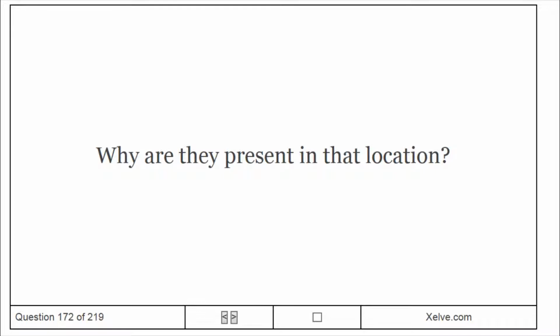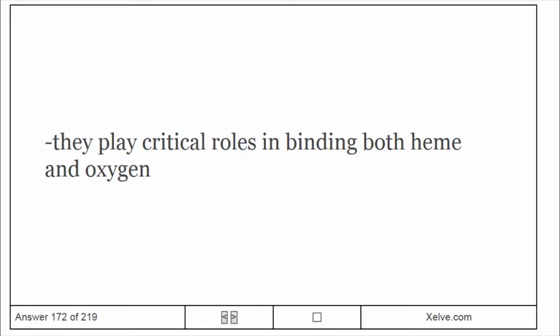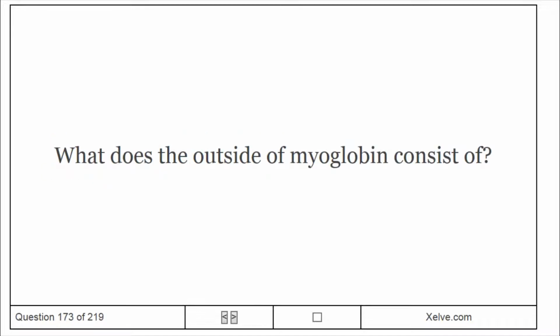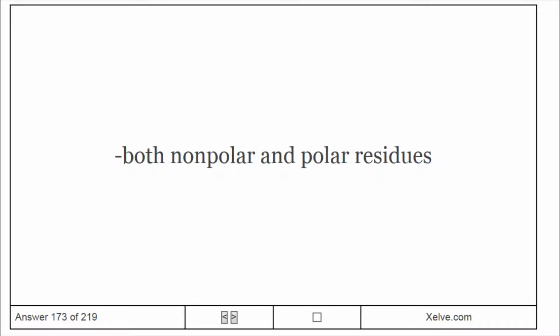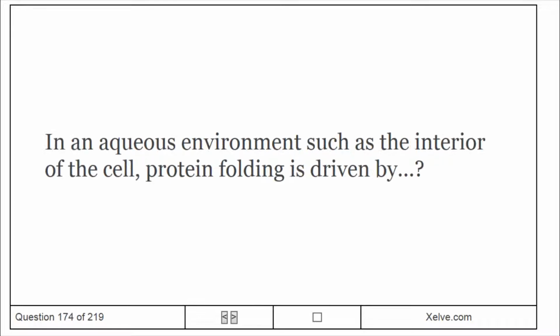Why are they present in that location? They play critical roles in binding both heme and oxygen. What does the outside of myoglobin consist of? Both nonpolar and polar residues.